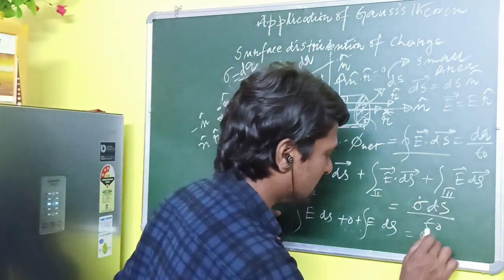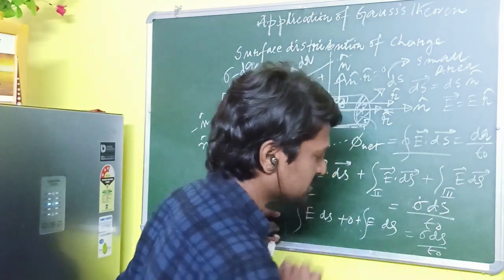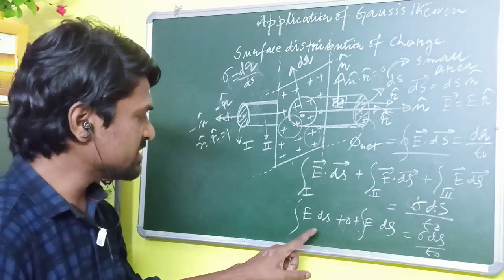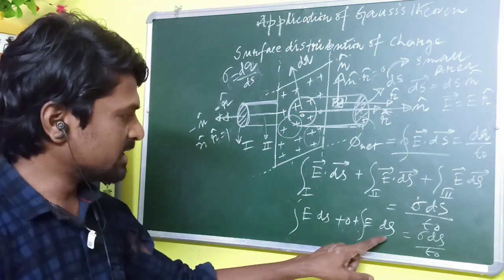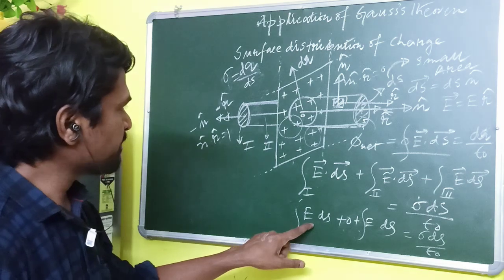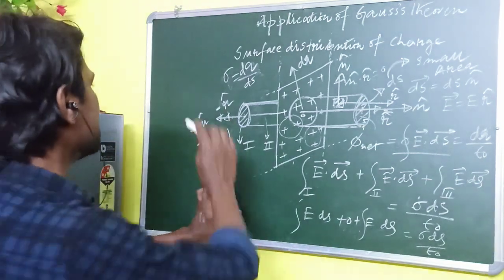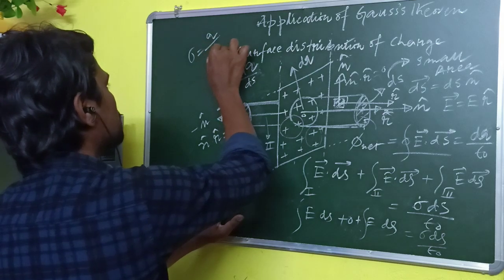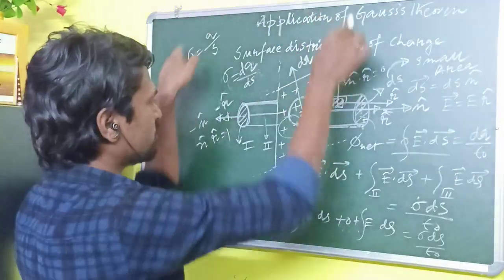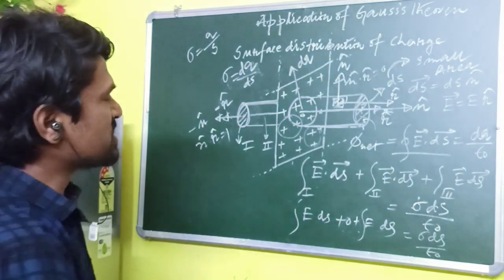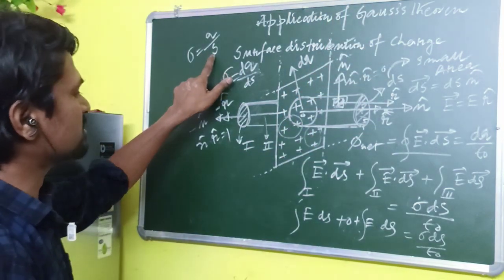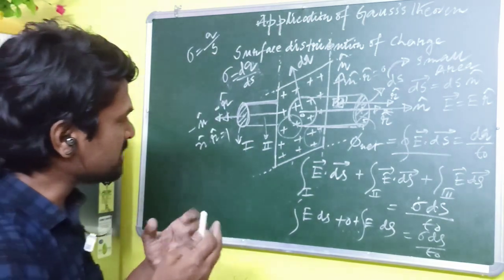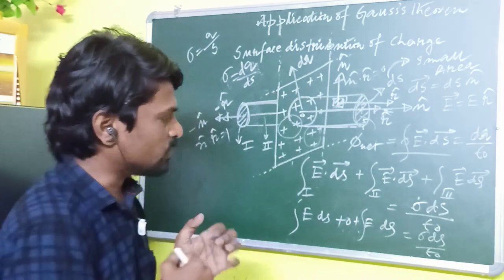This is equal to sigma ds by epsilon naught. If we integrate this, first of all, sigma equals total charge by total area, suppose the total area is S, for that particular extended sheet.